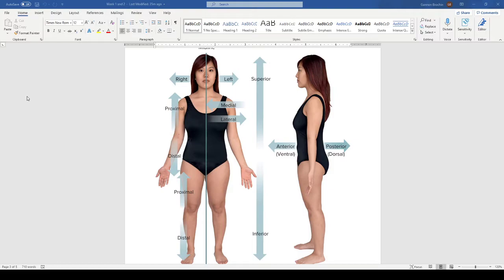But it also helps make sense of what some of the anatomy actually is, especially when you're dealing with complex regions like the brachial plexus, which is a large mass of nervous tissue that comes from the spinal cord, with lots of crisscrossing of nerves, and it goes to the upper limbs.